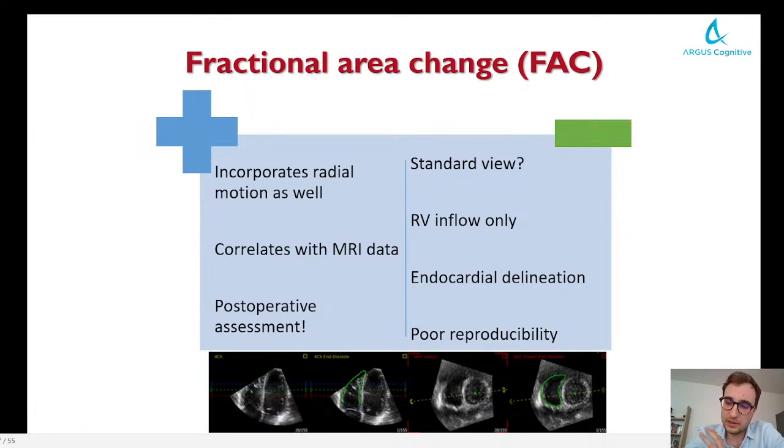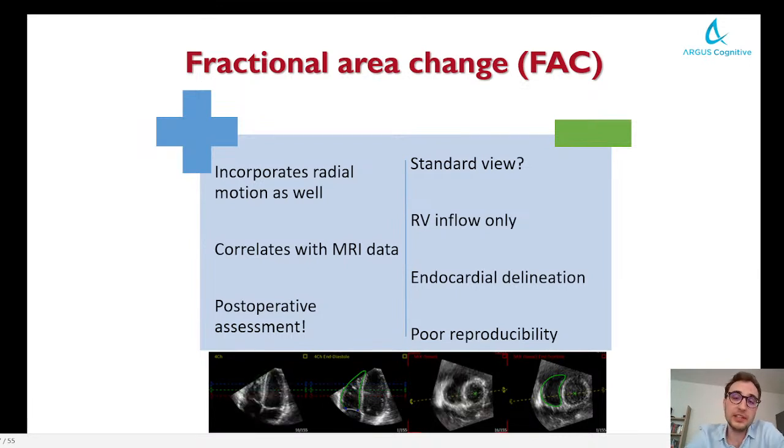We are advised by the guidelines to use a standard view, a right ventricle focused apical view, in order to measure it. However, only very, very small adjustments of that view can result in substantial changes in the fractional area change measurement. We also have to emphasize that it only quantifies the right ventricular inflow, so the function of the outflow tract is not represented by the fractional area change value.